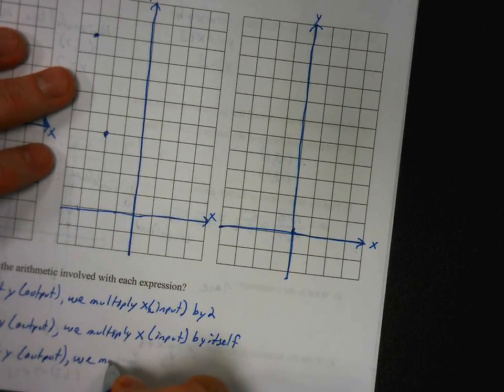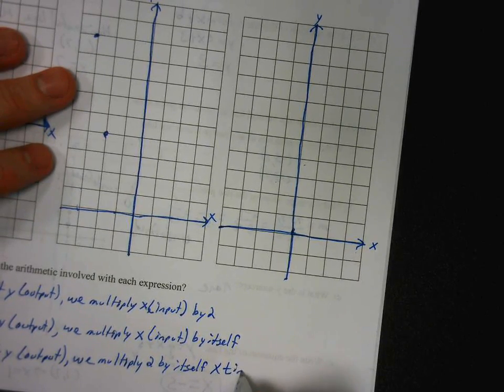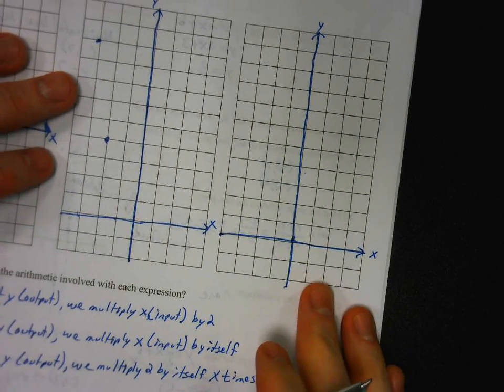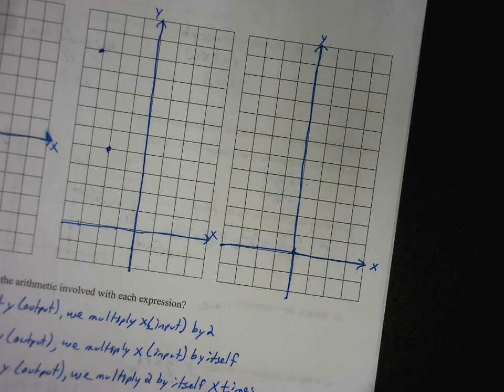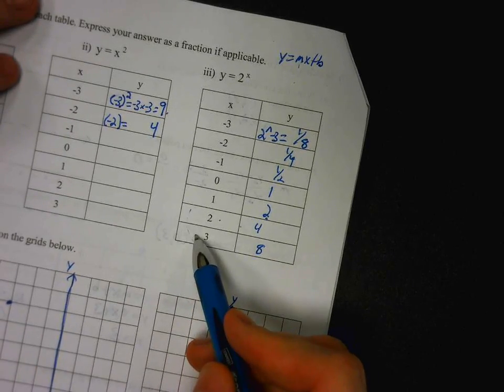That's a little bit trickier. So we multiply 2 by itself x times. And that is not as obvious with the negative numbers or the 0 for x, but if you think about the positive exponents here, that's the easiest way to look at it and see what's going on.